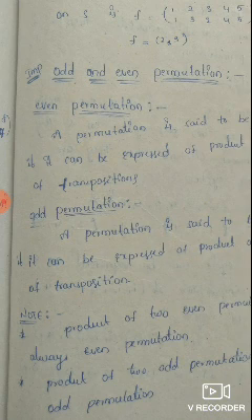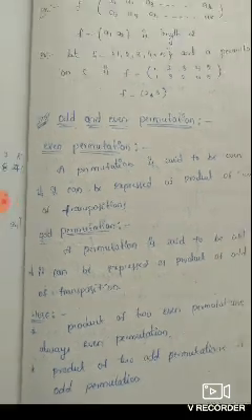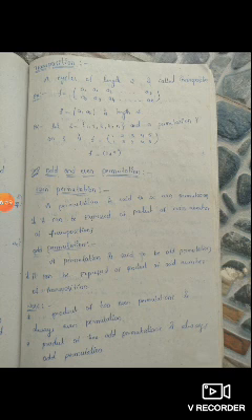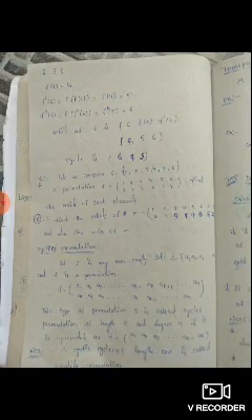The product of one even and one odd permutation is an odd permutation. And the identity permutation is an even permutation. Like that, we have different kinds of permutations. So now we go back to the beginning of this question.